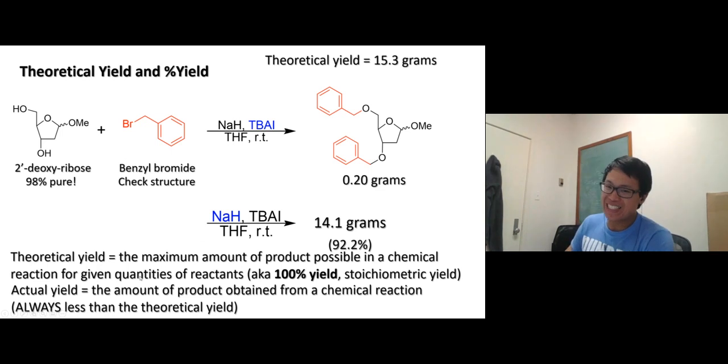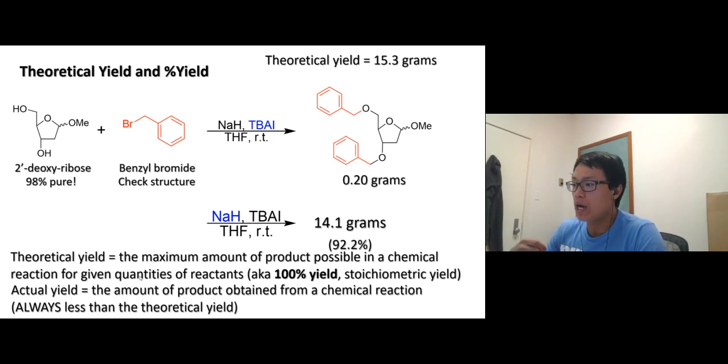You're not going to get 100% yield anyway. You will lose some along the process. You add the reaction, you transfer the compound, you do a purification process. You're going to lose some of the percent yield, but not a lot. A good reaction usually gives you about 90% yield or higher. So the actual yield is always less than the theoretical yield, always less.